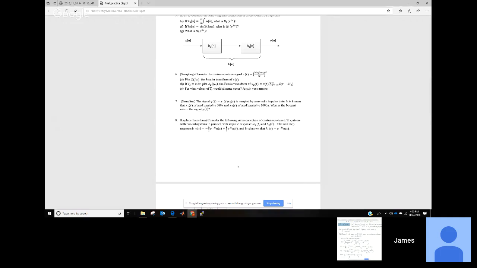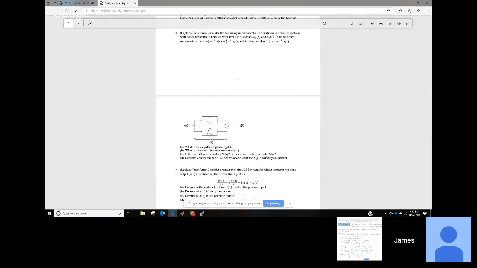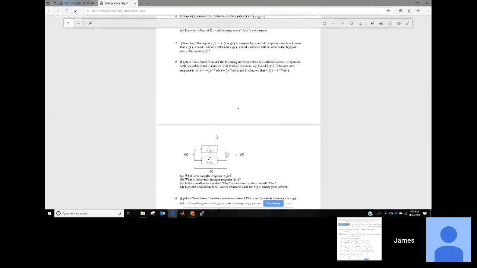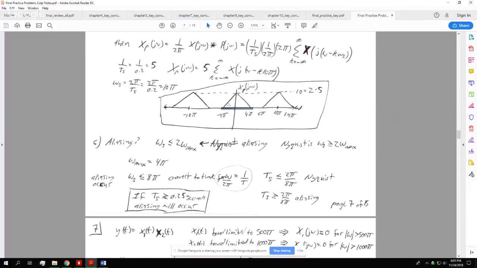So, when we're talking about the frequency domain, I could do this better visually. If we have some signal in the frequency domain and it goes over the omega axis, this is a band.